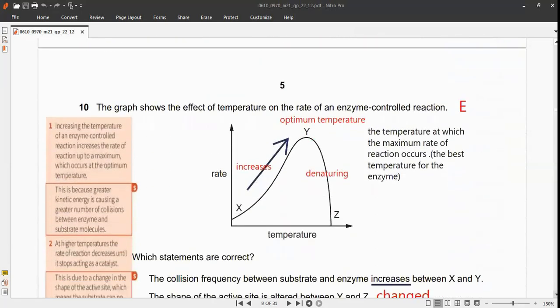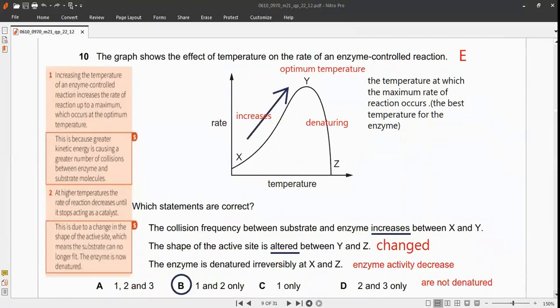Number 10. The graph shows the effect of temperature on the rate of an enzyme-controlled reaction. Which statements are correct? The collision frequency between substrate and enzyme increases between X and Y. Yes, it's correct. When the temperature increases, the collision frequency between substrate and enzyme increases.